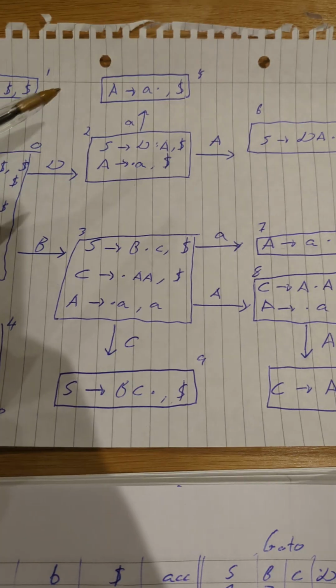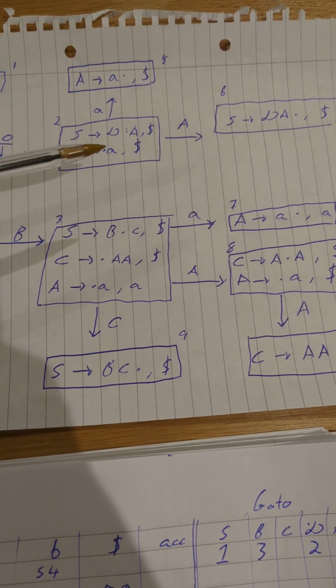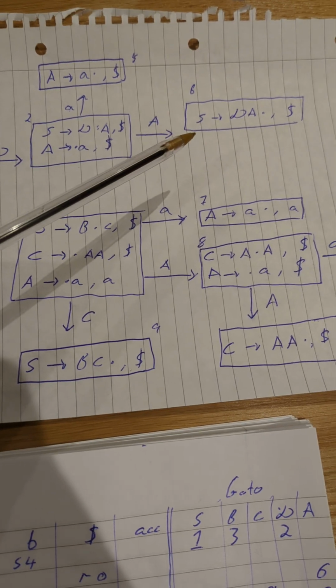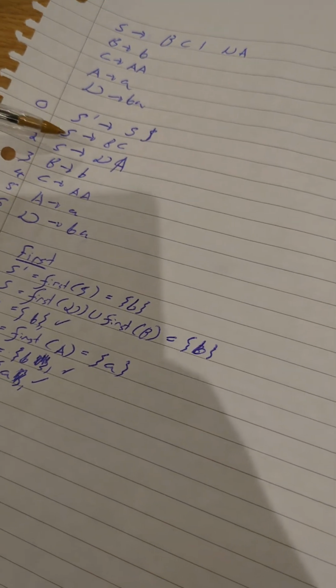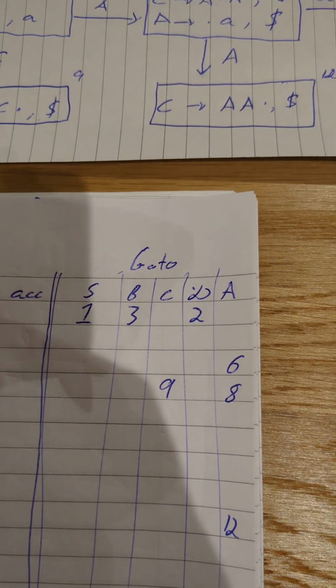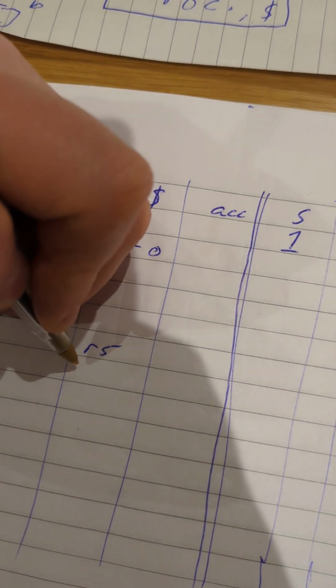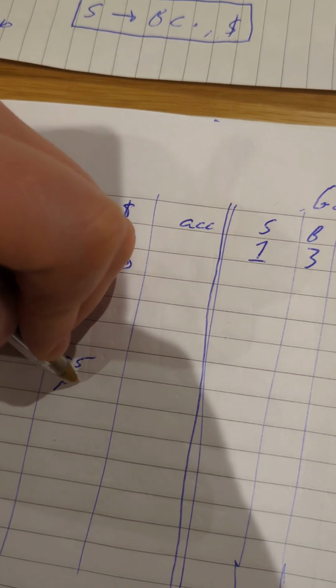If we're in state 6 and we get a dollar, then we apply rule S goes to DA, rule 2. So state 6, dollar, and we apply rule 2.